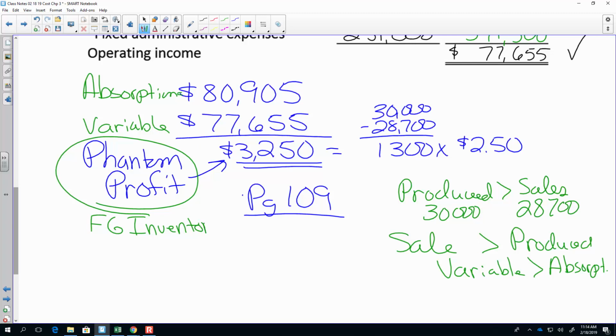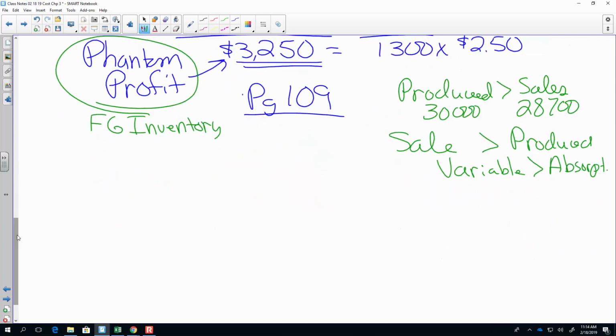When I sell the units, what expense account does it go to? On the income statement, it goes to what? Yeah, after finished goods, it goes to cost of goods sold.